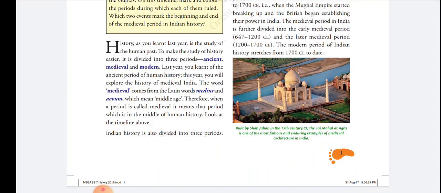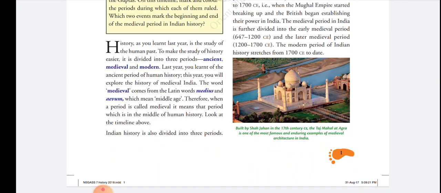Medieval history means middle age. This word is taken from the Latin words medius and aevum, which mean middle age. So medieval history means middle age.